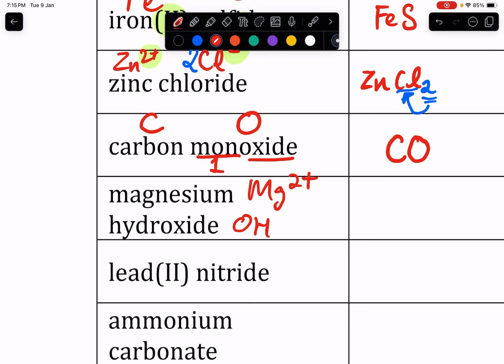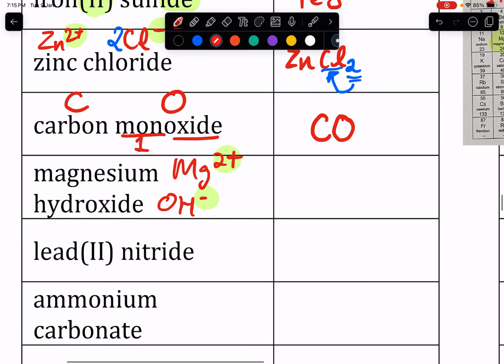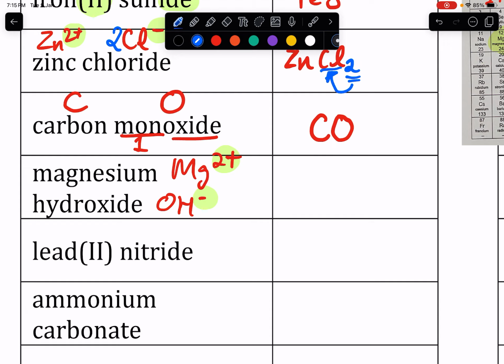Hydroxide is OH minus. So if you look at the charges, one is 2 plus, one is 1 minus. How do I make them balance? I'll need to multiply hydroxide by 2. So the formula will be Mg(OH)2.